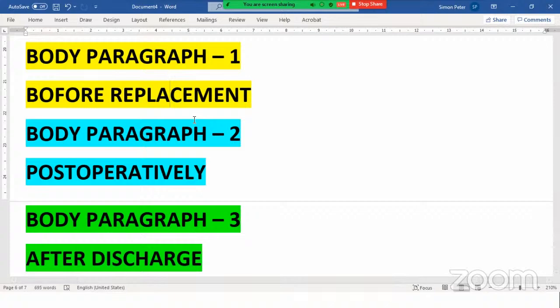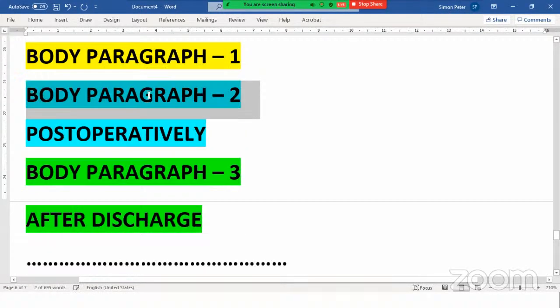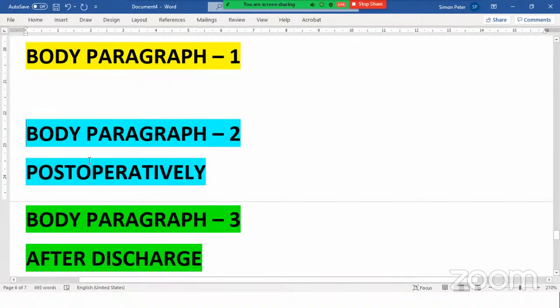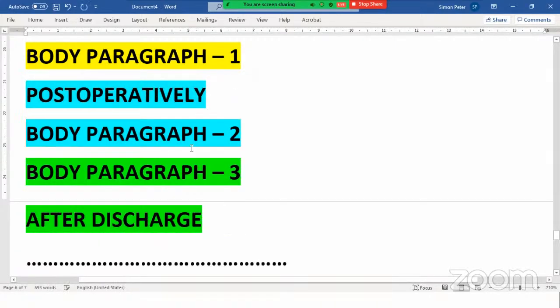So, before replacement has become unnecessary. So this is gone, because everything they know. So this will go here. And body paragraph 2 will be after discharge.